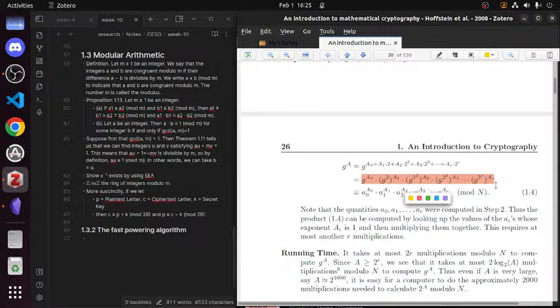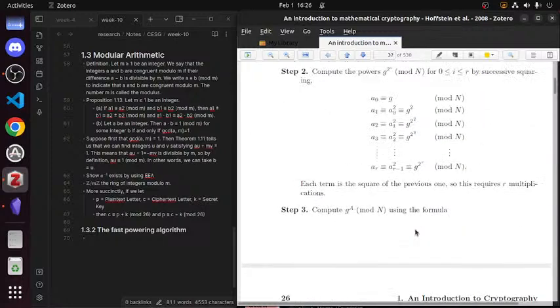Note that the quantities g to the 2^i were computed in step 2. Thus, the product can be computed by looking up the values of g to the 2^i whose A_i is 1, and multiplying them together.